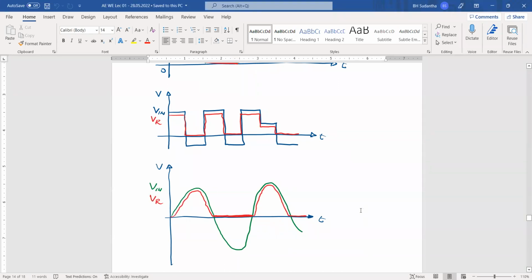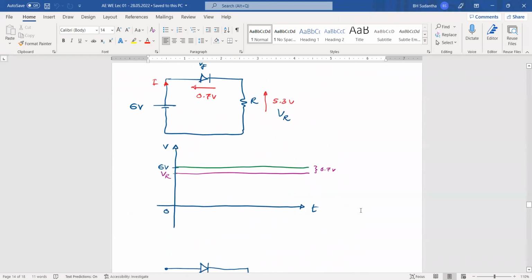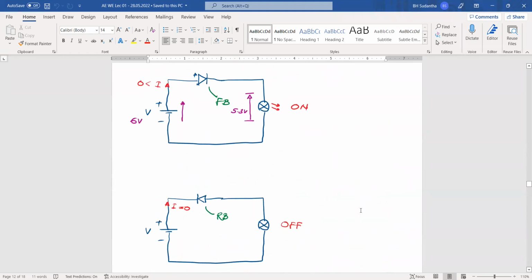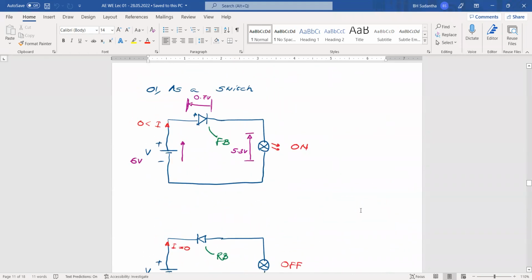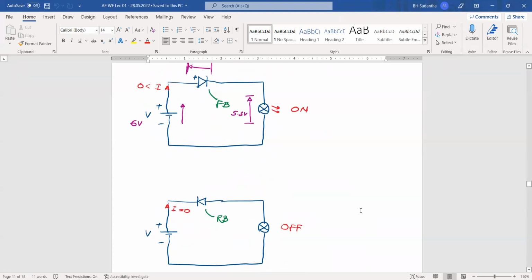Okay, these are the things that we discussed yesterday. At the end, with diode applications, we discussed how we can use a diode as a switch. You know that a diode has two modes, the reverse bias mode and the forward bias mode. In reverse bias mode, we can consider the diode switched off.